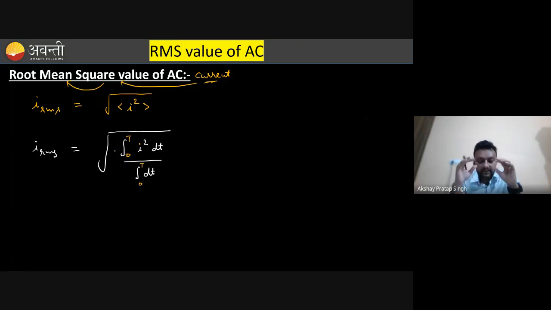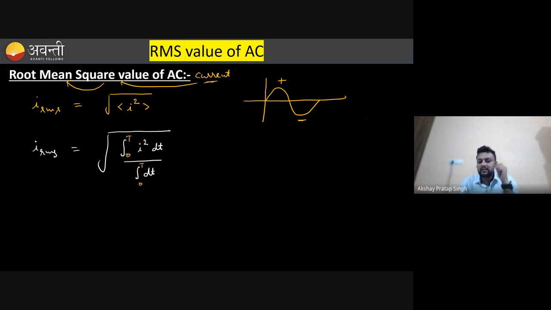Now what's happening? You can see from the graph of sine theta. The average value was positive in the first half cycle, and in the second half cycle it was negative.